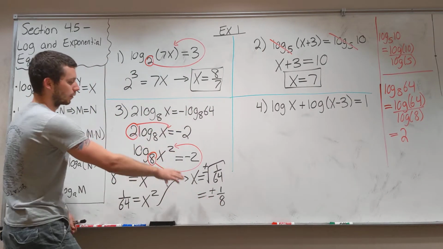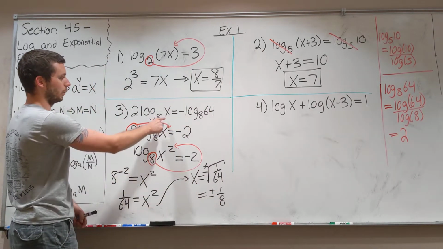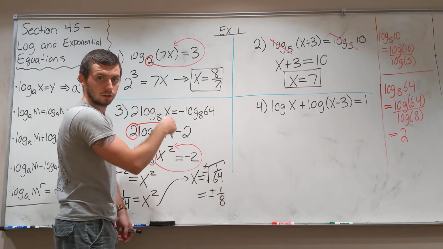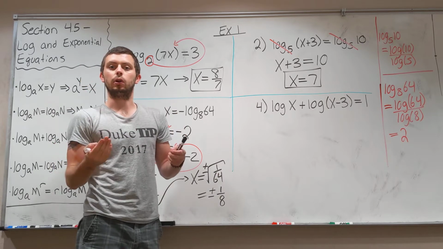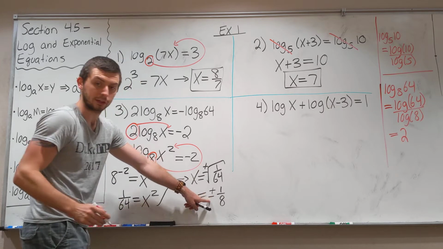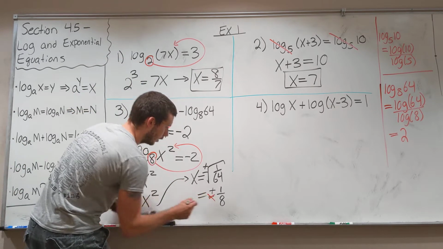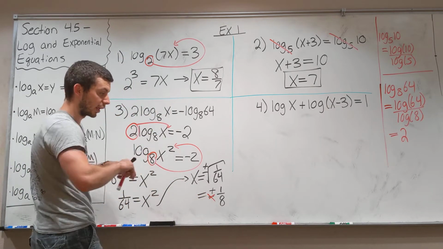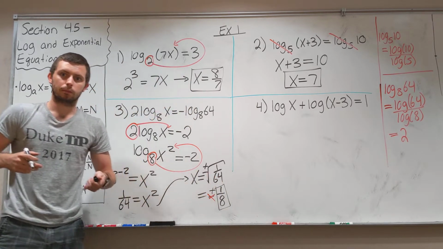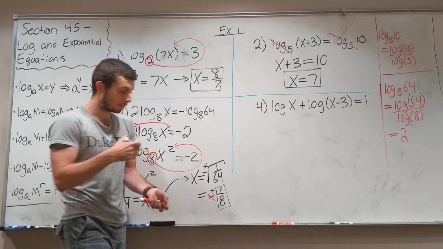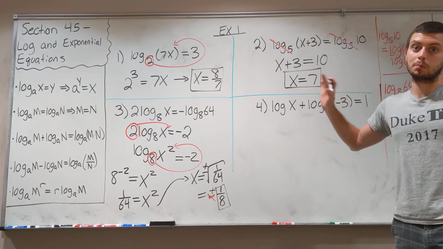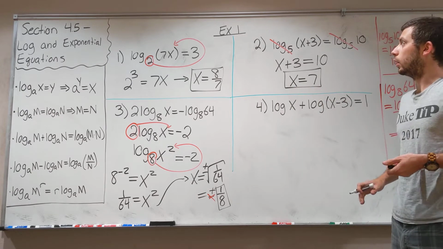So remember, this is referring to an x value, and that would ultimately end up being log of x. The domain of log prohibits 0 or negative numbers, so we're taking out a negative because of that. And thus we only have one answer. There's only one answer, and that's 1/8. So you need to get used to the idea of checking your answers with logarithms, and we'll see this theme pop up a few times throughout this homework set.